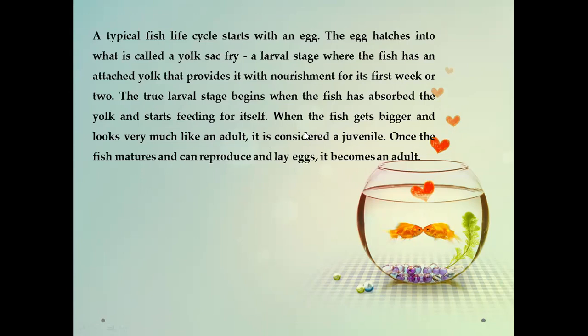Once the fish matures and can reproduce and lay eggs, it becomes an adult. In the final stage, we call the fry an adult fish when it is able to reproduce and continue its life cycle.